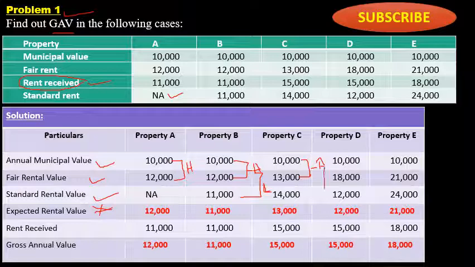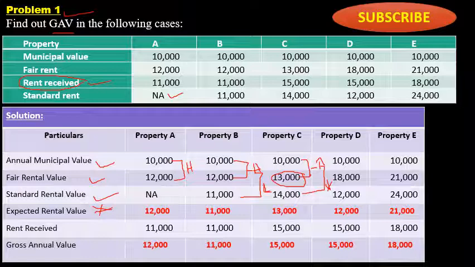Then that highest value you compare with the standard value, and there you take the lowest value. 10,000 or 13,000, whichever is highest: 13,000. This 13,000 is compared with 14,000, and whichever is the lowest is considered the gross annual expected rental value. So 13,000 is the lowest, and that is the expected rental value.